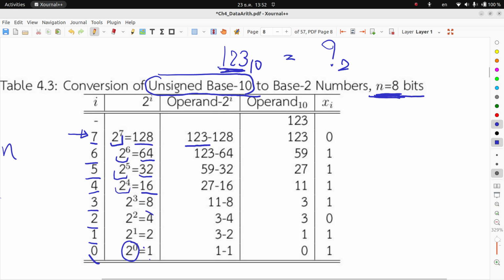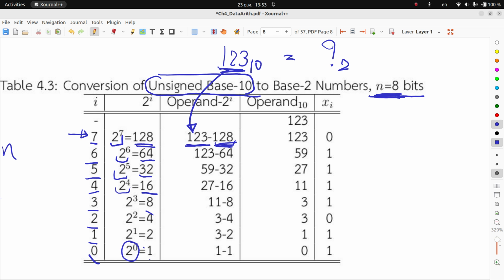Now, we put 123 to subtract with the positional value of bit 7, which is 128. So 123 subtract 128, is it going to work?